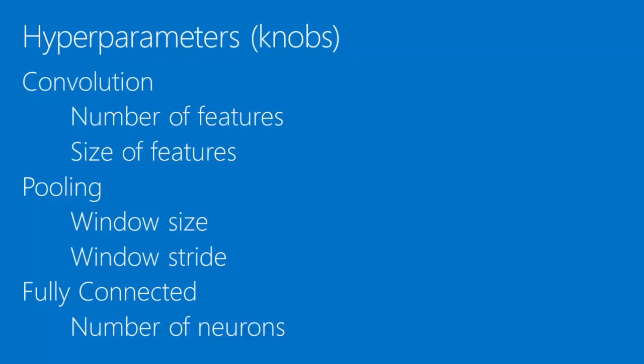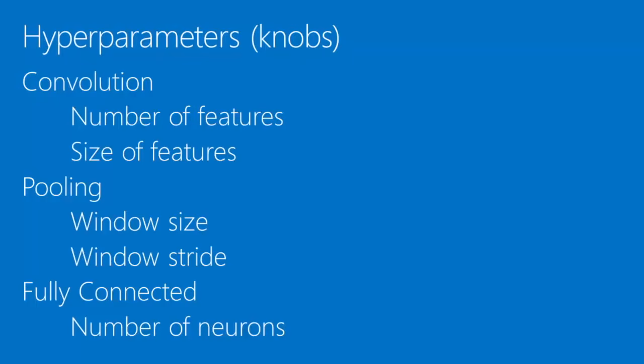Now, there are some things called hyperparameters, and these are knobs that the designer gets to turn, decisions the designer gets to make. These are not learned automatically. In convolution, figuring out how many features should be used, how big those features should be, how many pixels on a side.